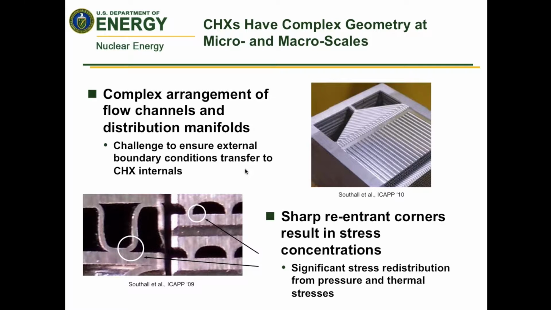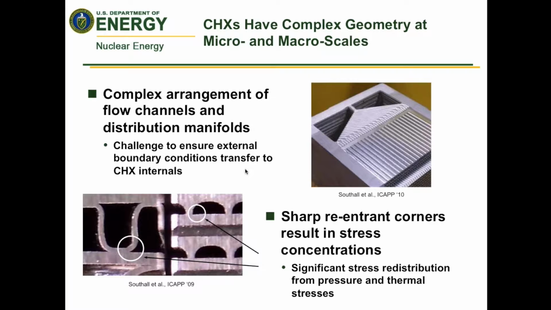You've got a lot of complex geometries that you have to deal with and the resulting complex stress states. If you look at the micro or relatively small scale geometries, you've got sharp corners, you've got things that are brazed and welded together. These all result in significant stress concentrations, and at high temperature that means redistribution of stresses and complications with trying to figure out exactly how to deal with these things.